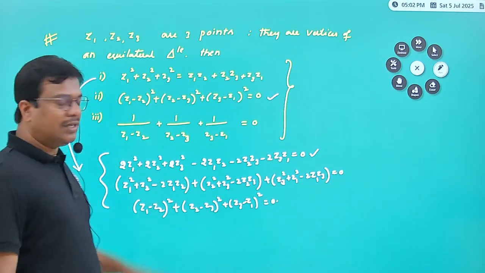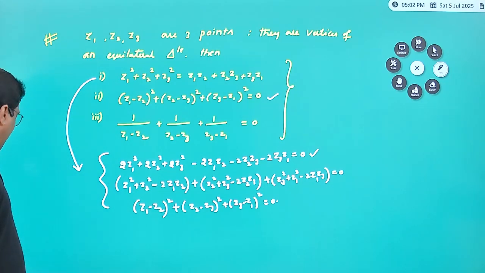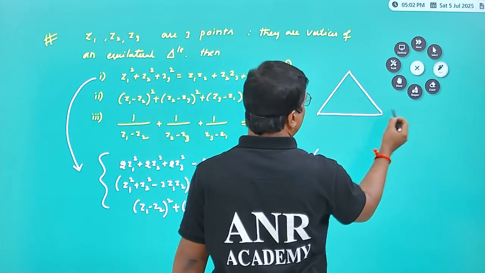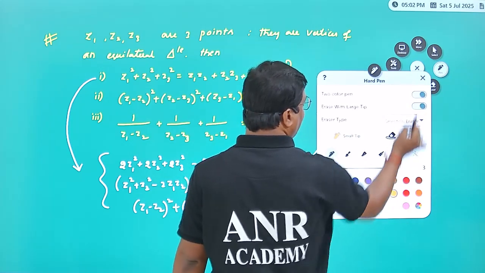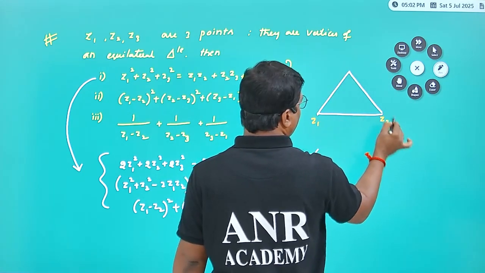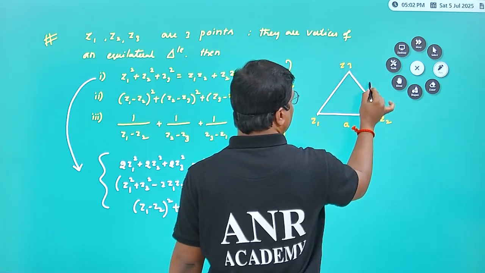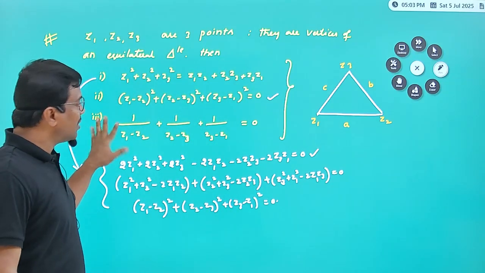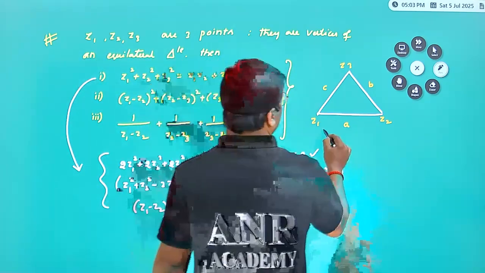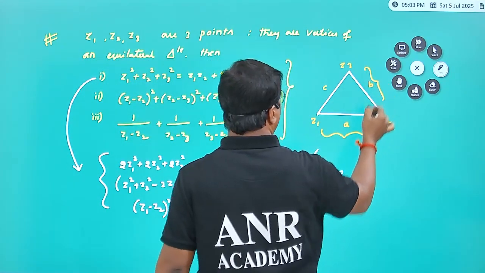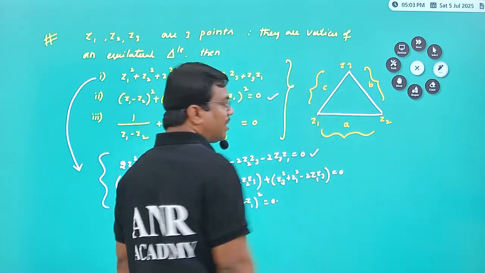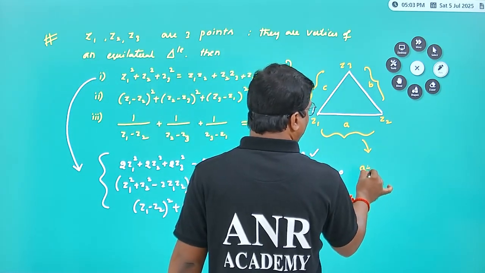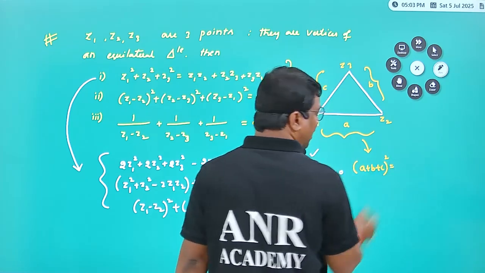Next we have to prove the third result. To prove the third one, what I am doing, observe, you know that this is an equilateral triangle, and assume that each side is of length small a, small b, small c, and z1 minus z2, suppose that is a vector, this is b vector, and this one c vector.